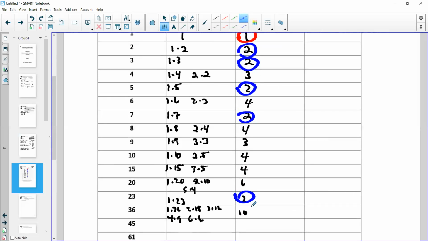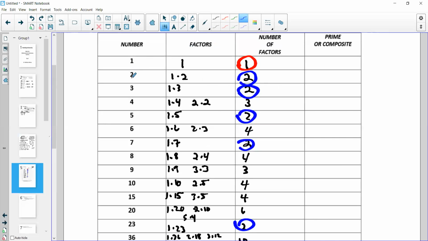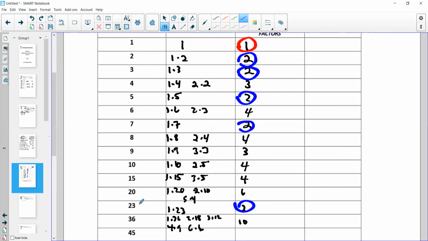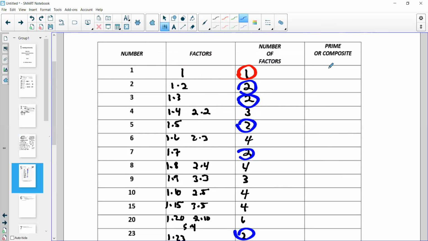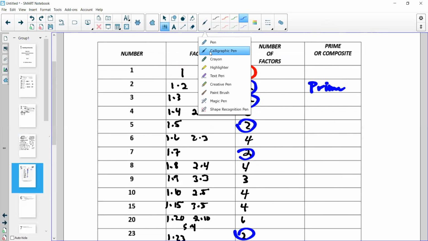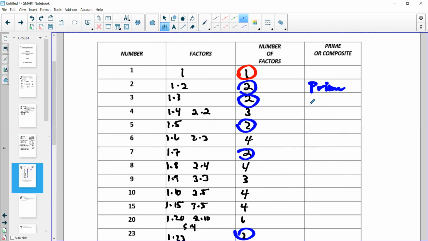So if we look at the numbers 2, 3, 5, 7, just the ones we listed, and 23, we would call these prime, okay? Because we only have two factors.